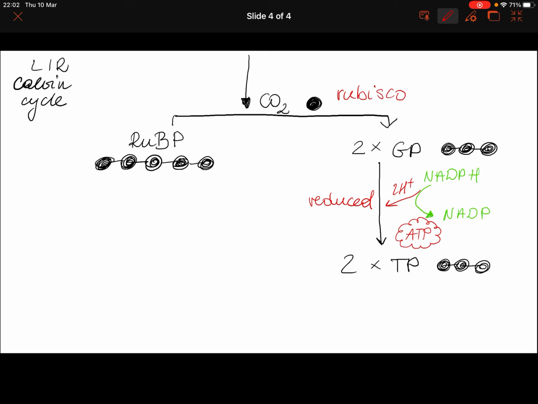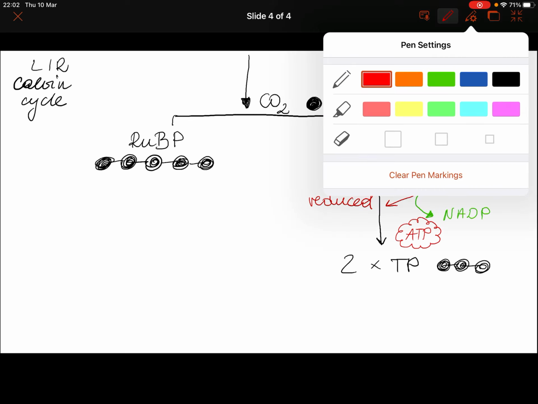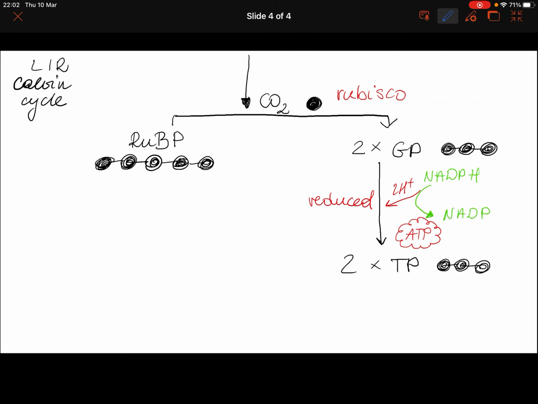As I've mentioned before, the cycle has to finish and start with the same molecule. So triose phosphates now will have 2 jobs. Job number 1 will be to regenerate our initial molecule, starting the Calvin cycle, which was ribulose bisphosphate.